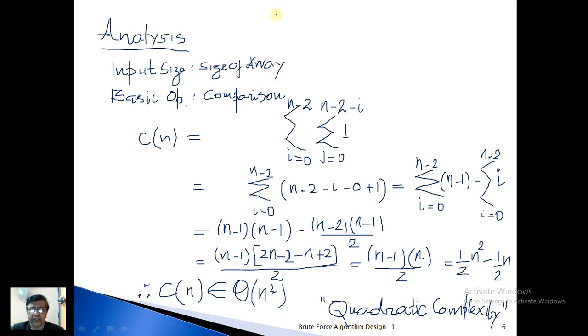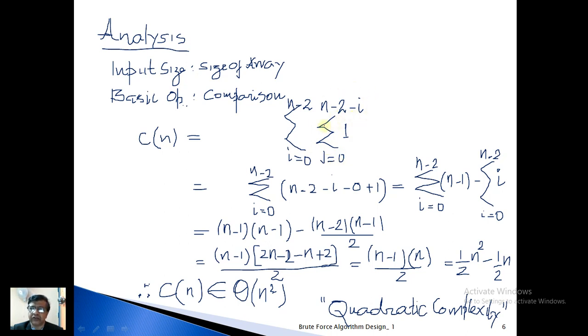The basic operation is comparison. The count of the number of times the basic operation is executed as a function of input size is given by sigma. There is only one comparison. This loop runs from j equal to 0 to n minus 2 minus i.